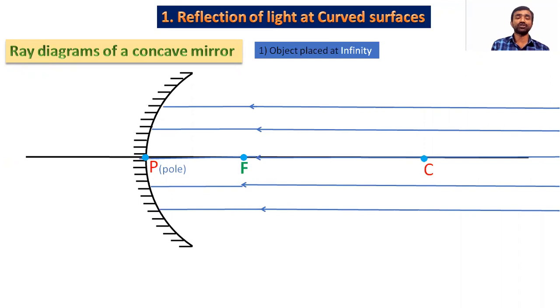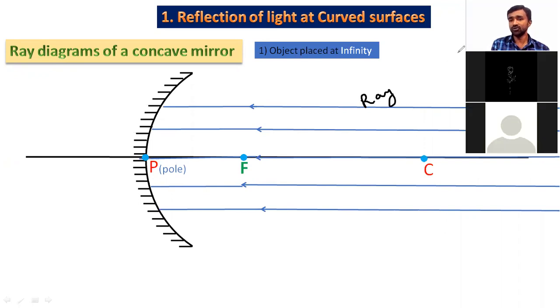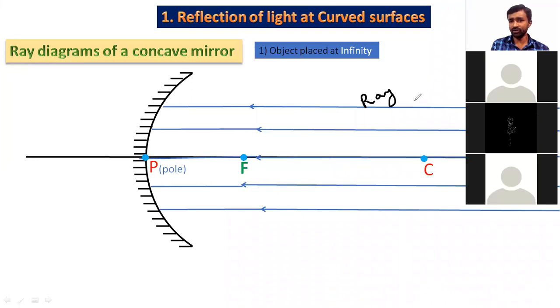Then what happens? What ray or rule am I following here? Suppose this is a ray I am using. How is it with respect to the principal axis? Is it R1, R2 or R3? R1. Why R1?